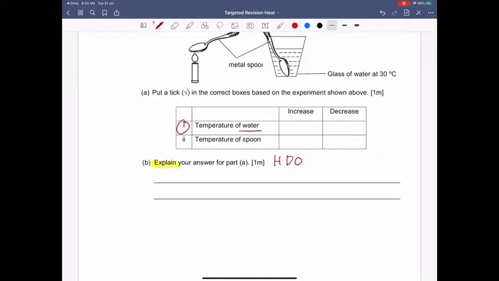So you say something like, okay, water has gained heat. Now, before you say gain heat, remember I talked a little bit about indicating which region has a higher or lower temperature.